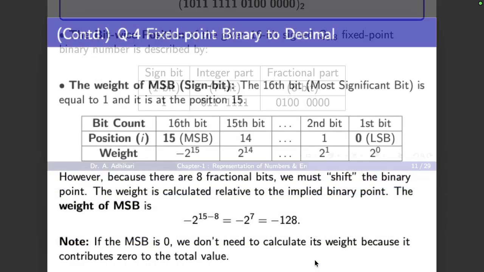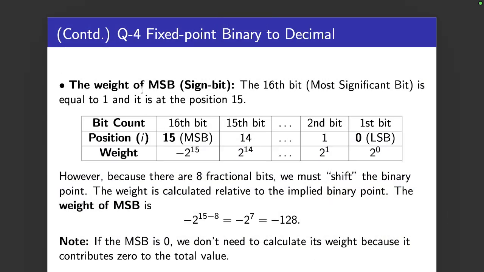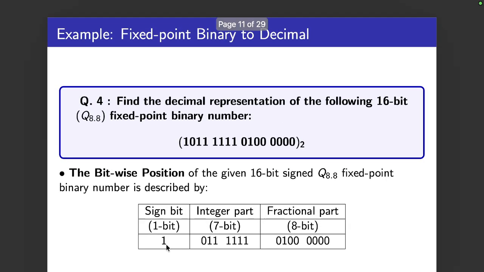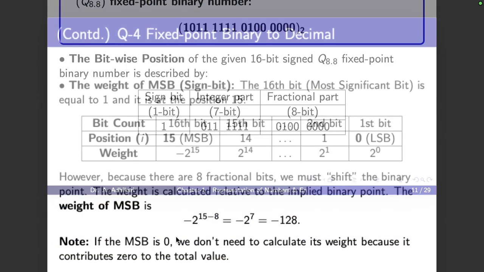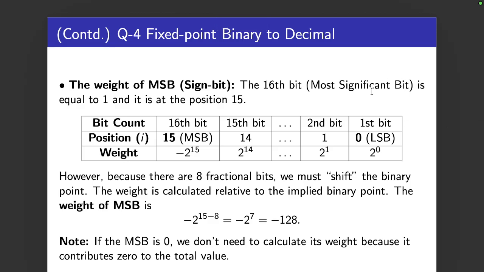We already know this result. The weight of the most significant bit, the sign bit: the 16th bit, the most significant bit, is equal to 1, and its position is 15. The sign bit is 1, and the position is 15 because we start from 0: the first bit is position 0, 2 to the power 0, the second bit is position 1, 2 to the power 1, and so on up to the 16th bit at position 15.